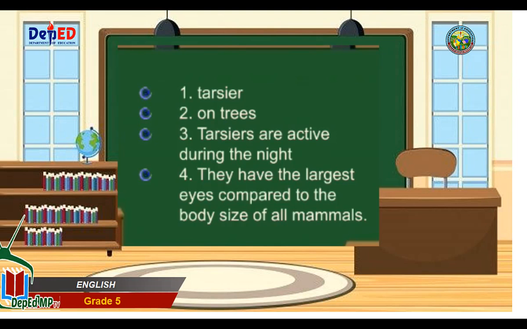Number 2, they live on trees. Number 3, tarsiers are active during the night. And number 4, they have the largest eyes compared to the body size of all mammals.